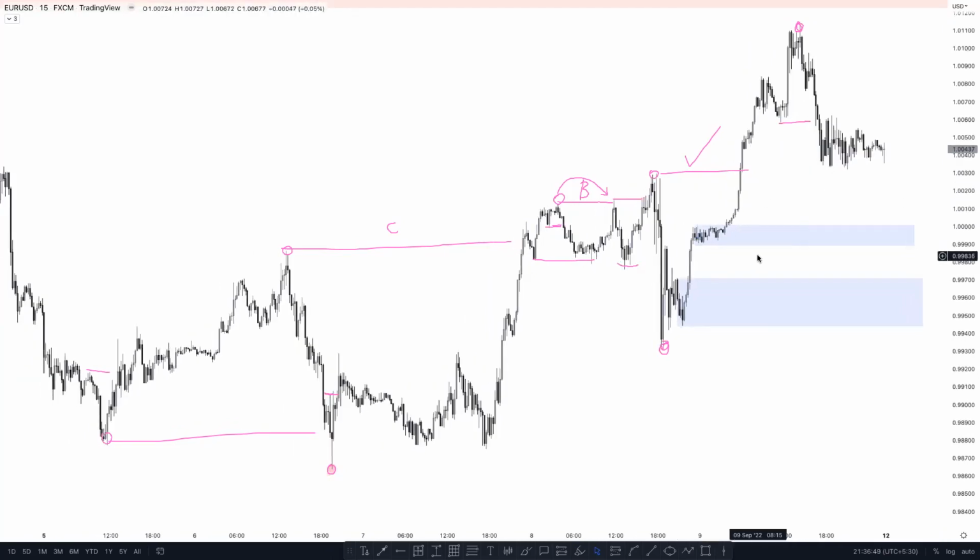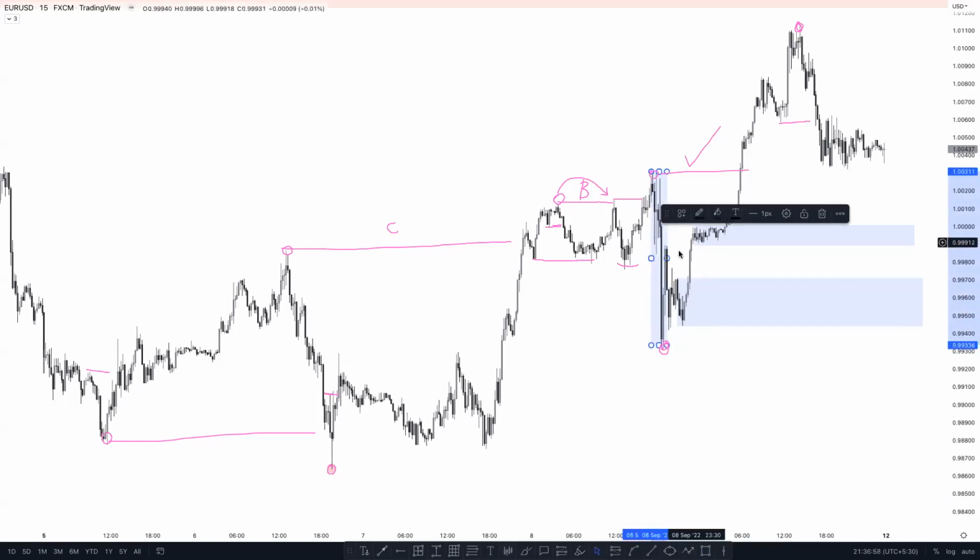So these are all unmitigated order flow. Which one is here? But actual order flow is here, this one, because this is the last selling move before the buy, and price trading between this. If price taps here between this big order flow, and these are order flow within order flow, right?